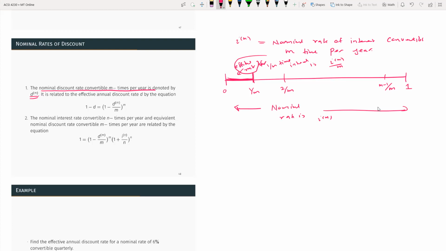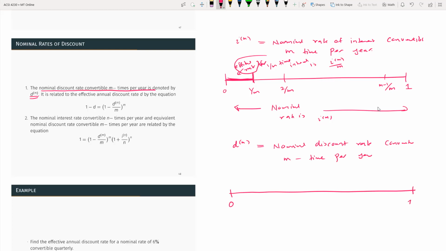Now, the same way we have I^(M), we have D^(M). What is D^(M)? A nominal discount rate convertible M times per year. So same as the interest rate, you have a unit time interval and then discounting done M times per year.